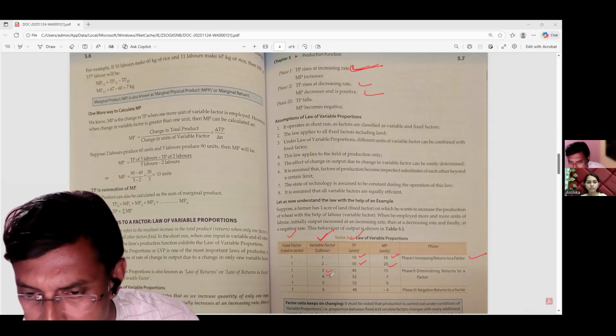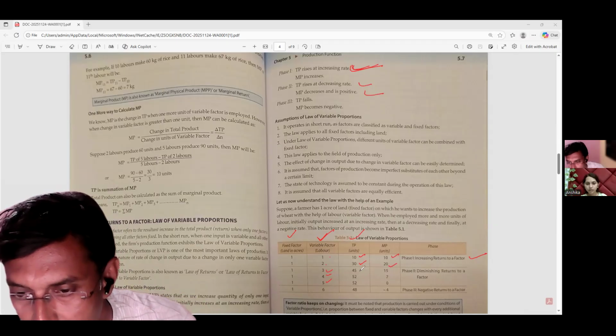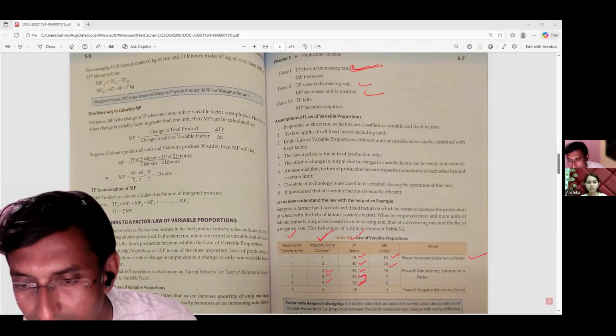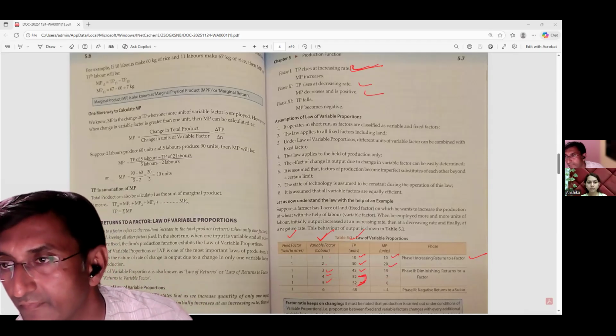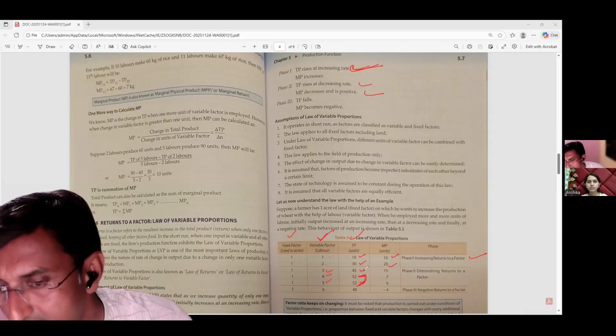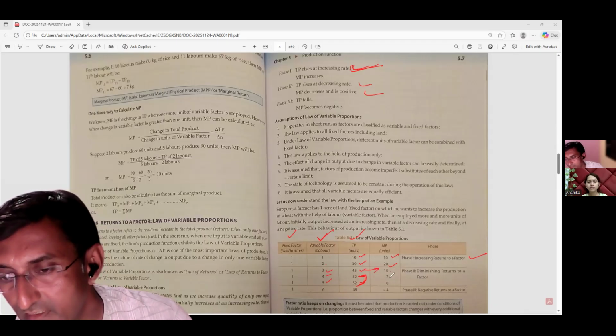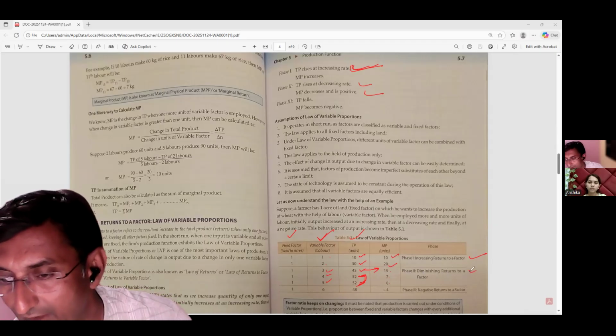Your variable factors are increasing, and your TP is also increasing, but at the same level your TP remains the same. Your total product remained the same. That is why, in this case, your MP was 15, 7, and 0. Why are we getting diminishing returns to a factor?